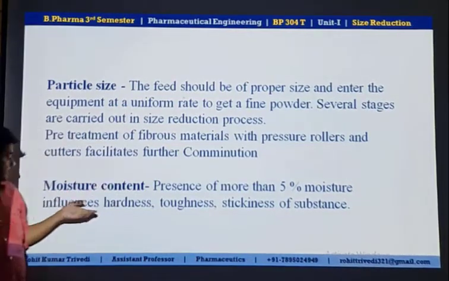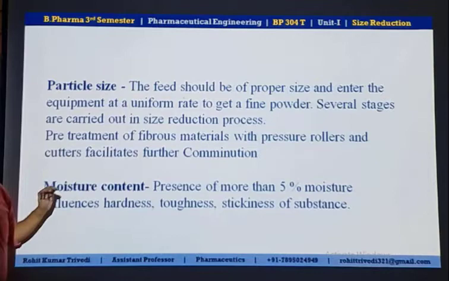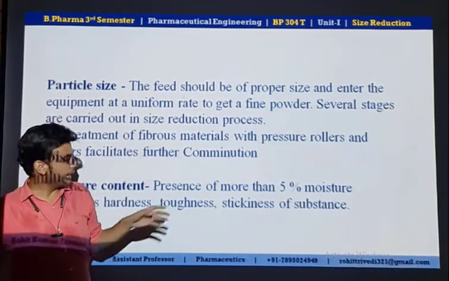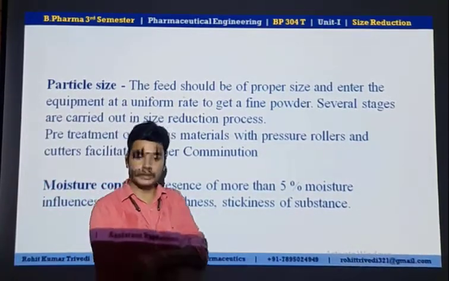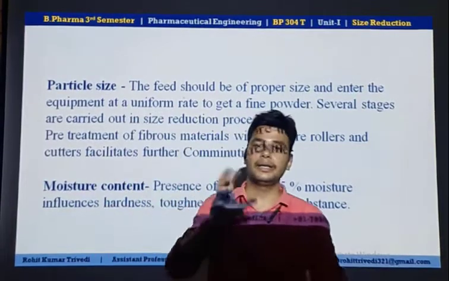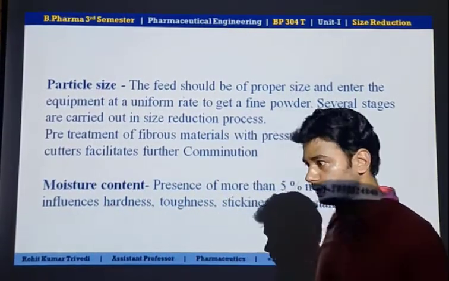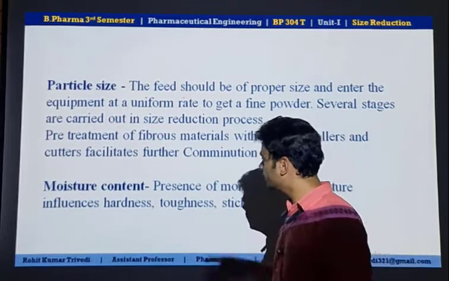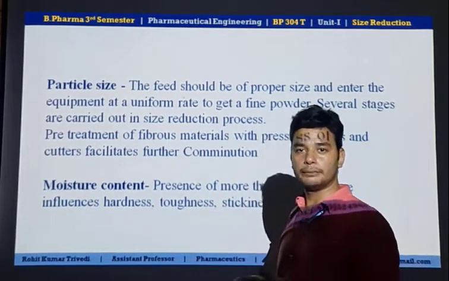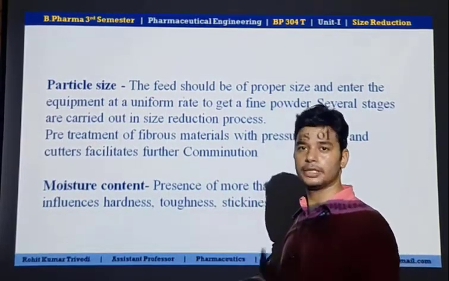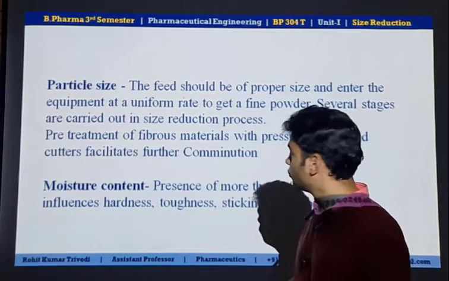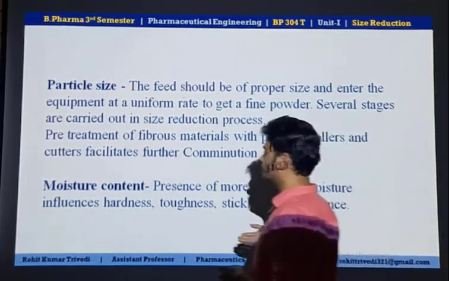Okay, and the moisture. Obviously, substances that have moisture of more than 5% definitely have their hardness changed. If we increase the moisture content of that material to 5%, 10%, 20%, 30% or 50%, it loses its hardness.